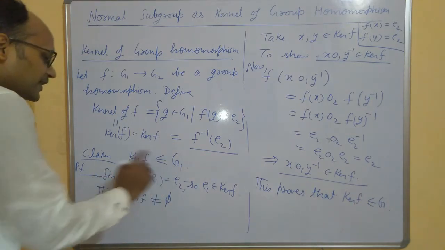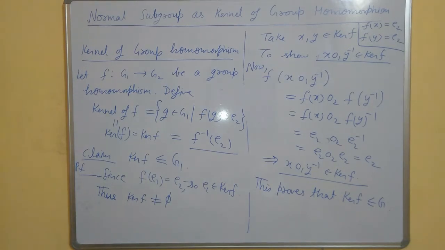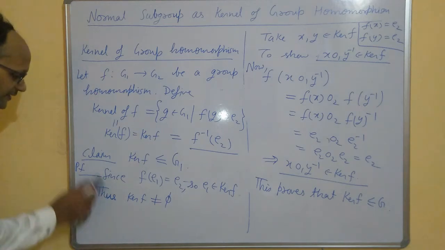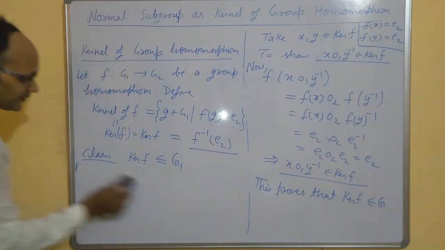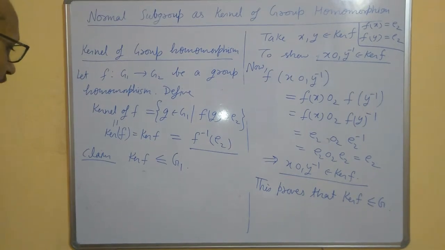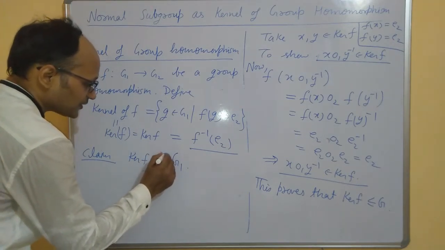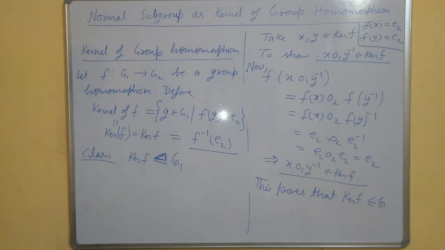Now we will show that this kernel of f is actually a normal subgroup of the group G. So let me again claim that kernel of f is a normal subgroup of G1. We have shown that kernel of f is a subgroup. Now we will show that it is a normal subgroup. So how will we show that?